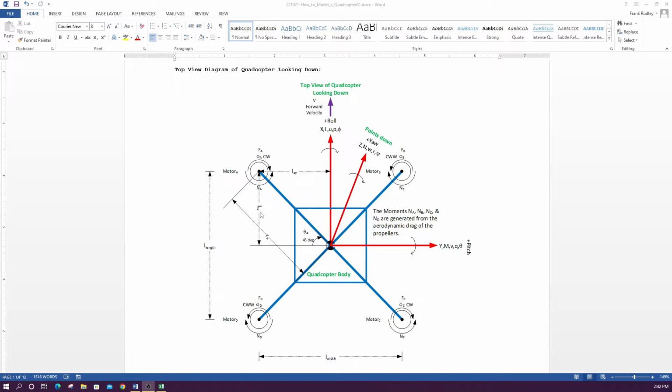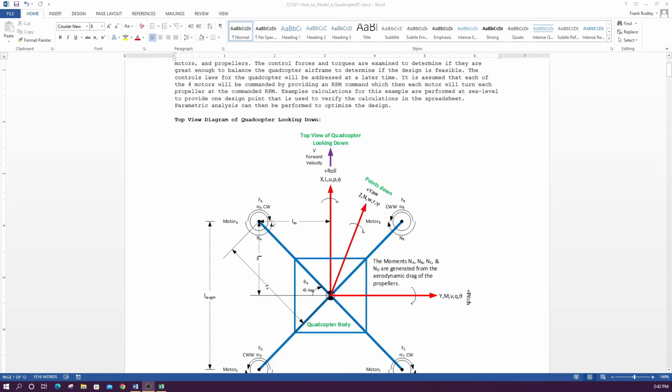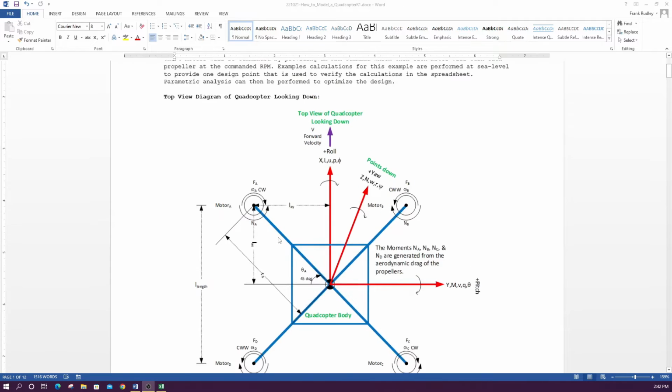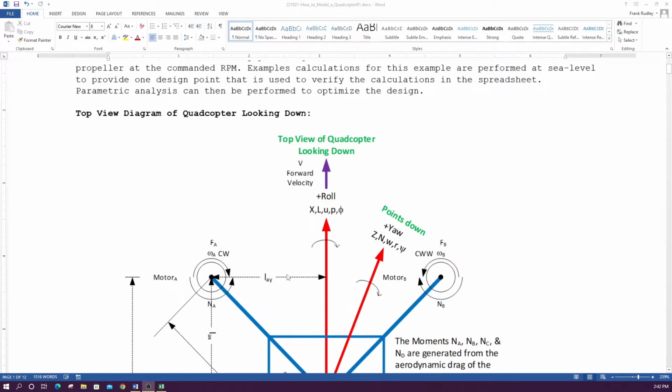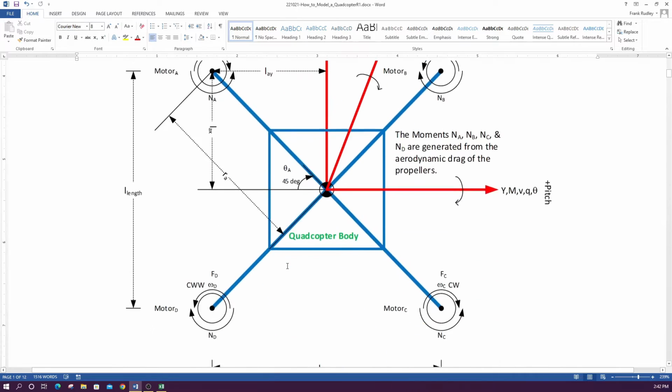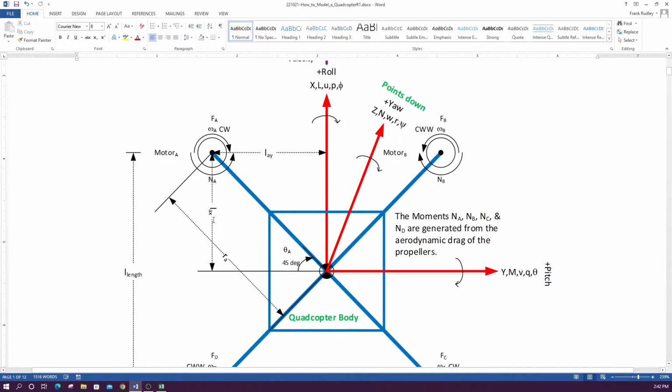Okay, so there are some crank arms here. I'll try to zoom in on it a little bit so you can see better. We have LAX and LAY. When we generate a force from this motor, there's a crank arm here, so this force times this crank arm feeds into this moment.